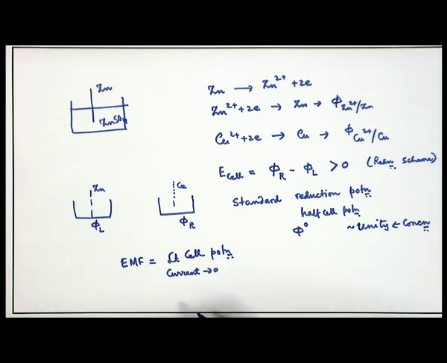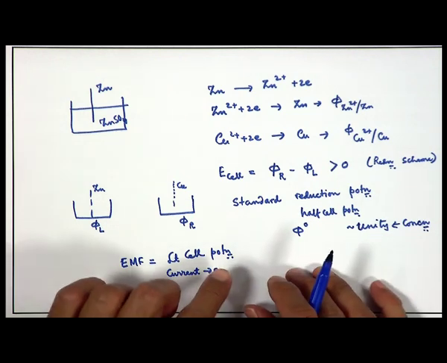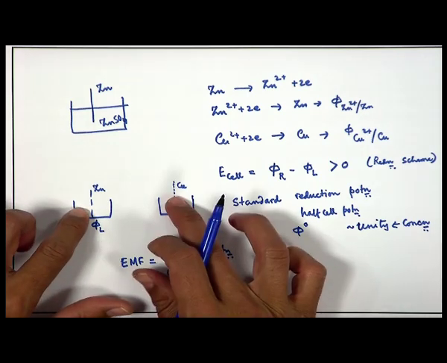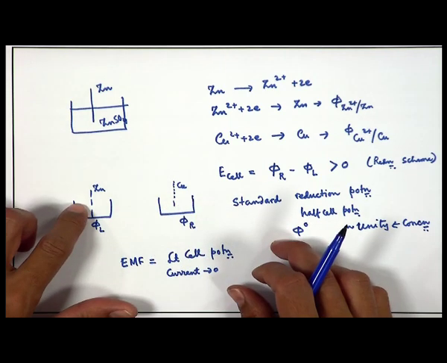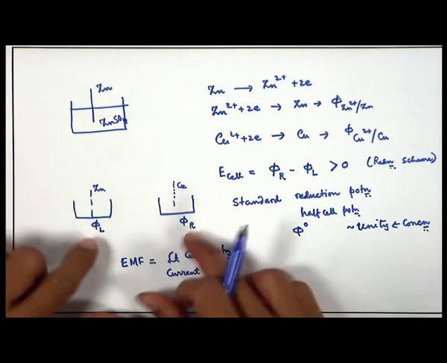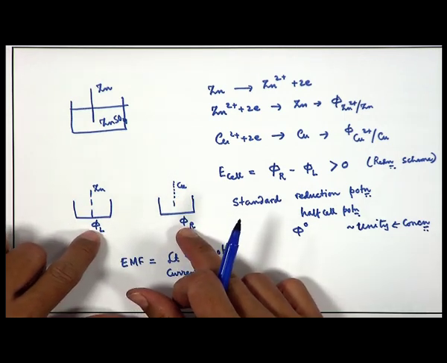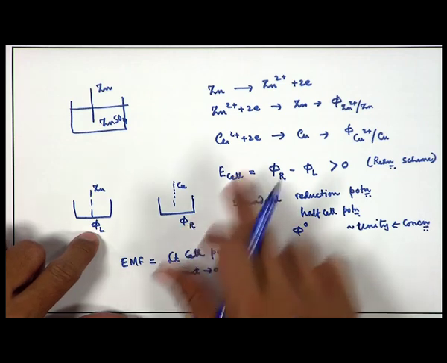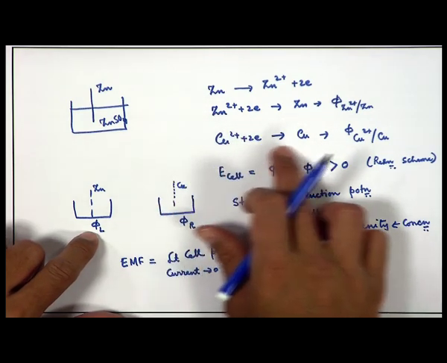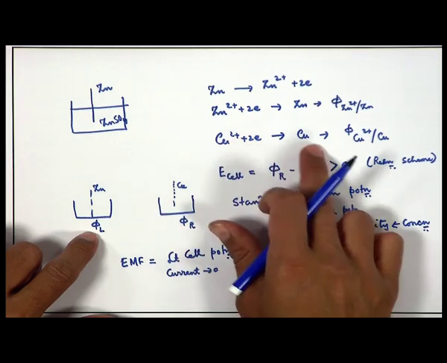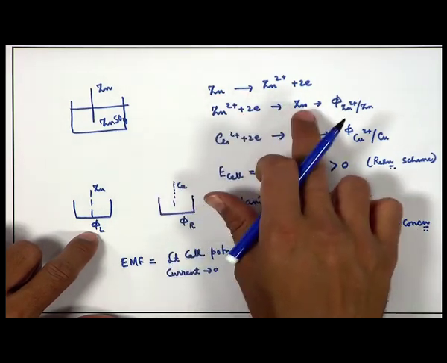Okay. So, therefore, what are the things that we have used over here? One is the half cell. Okay. Then when it is a half cell, there is the half cell potential, like phi, in the reduction potential scheme, where you have to represent the reaction in the reduction scheme, like copper 2 plus to copper, zinc 2 plus to zinc.